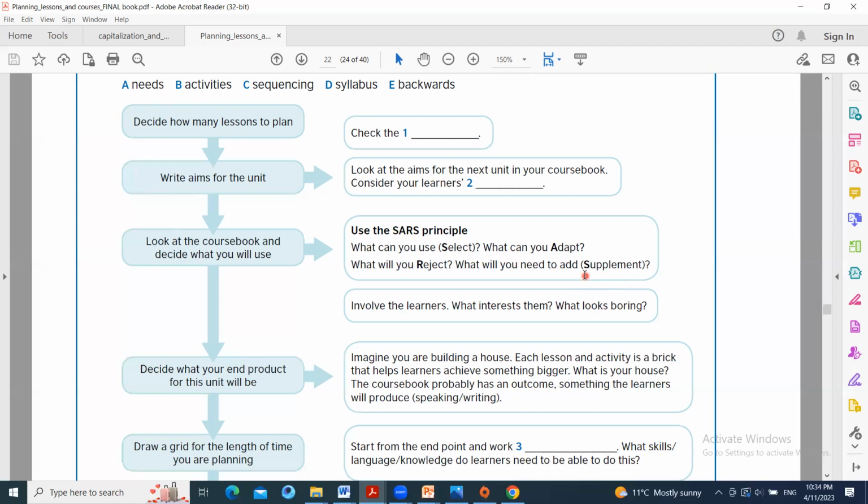Decide what your end product for this unit will be. Imagine you are building a house. Each lesson and activity is a brick that helps learners achieve something bigger.